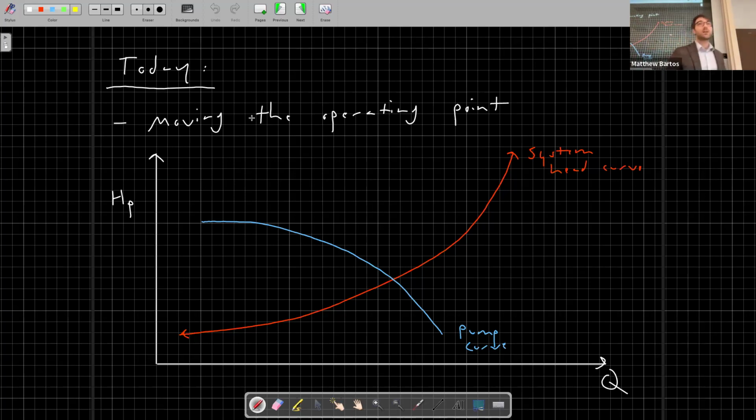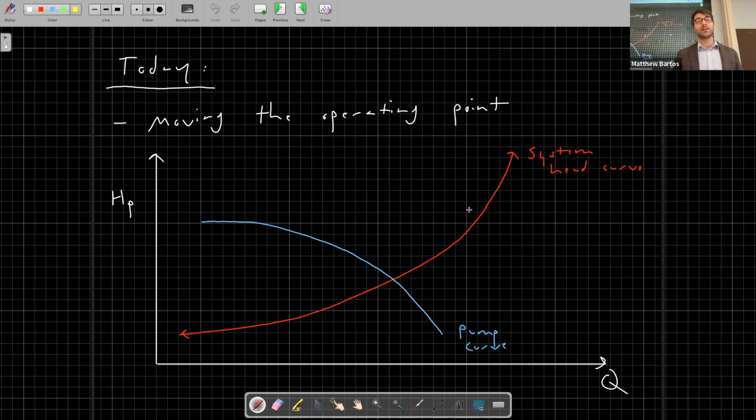We then have our system head curve, which describes the discharge and head relationship in the system itself. So basically, this is the head requirement that the pump needs to meet at a given discharge. And this head requirement increases as the flow rate increases because of what?